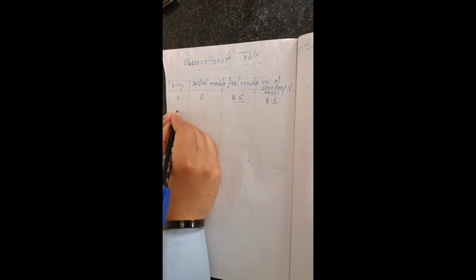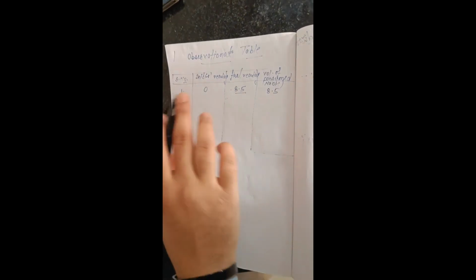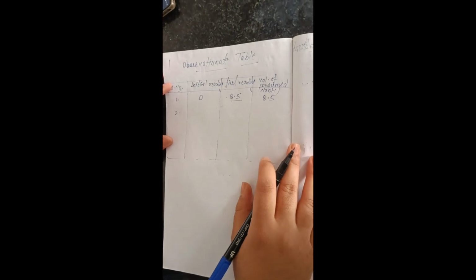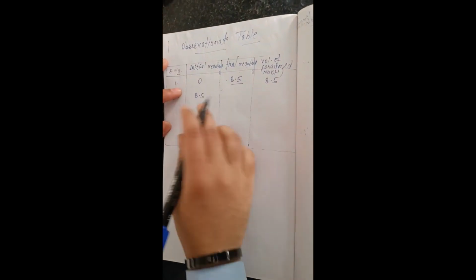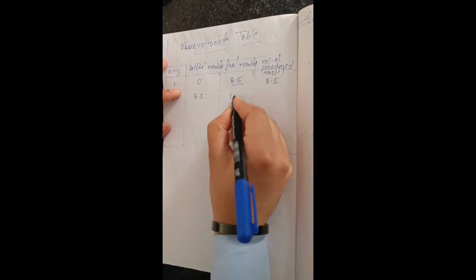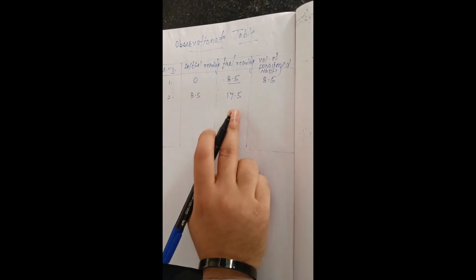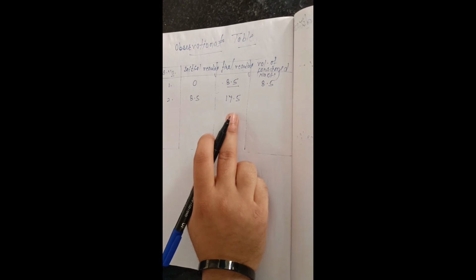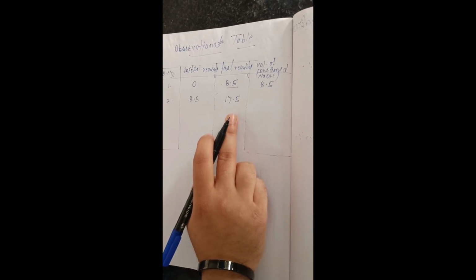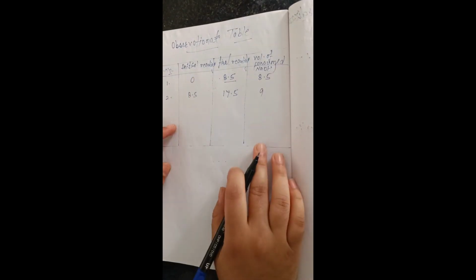Okay, now the second attempt we have already done, and we have determined the reading. The initial reading was 8.5 and the final reading was 17.5, so 17.5 minus 8.5 is 9, the volume of NaOH consumed.